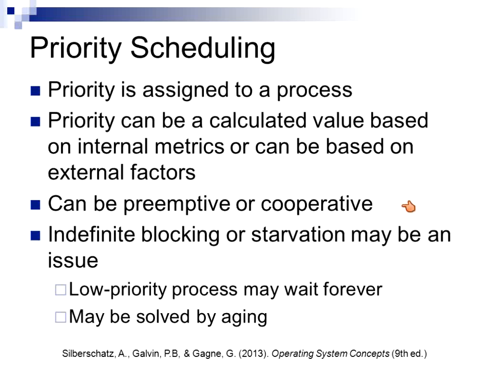Priority can also be preemptive or cooperative. With preemptive, the CPU will be allocated to a new process if the new process has a higher priority. It's cooperative if the new process, even if it has a higher priority, doesn't preempt what's in the CPU, but simply goes to the front of the queue.